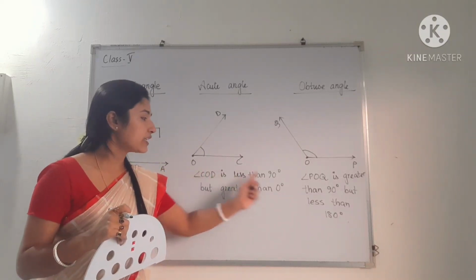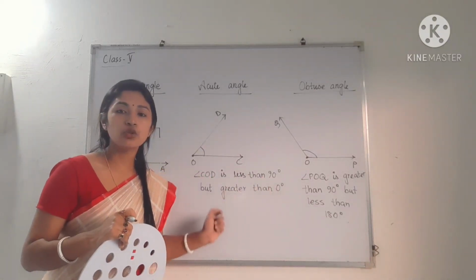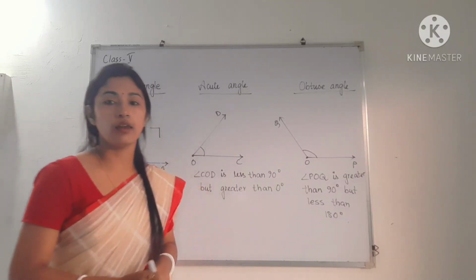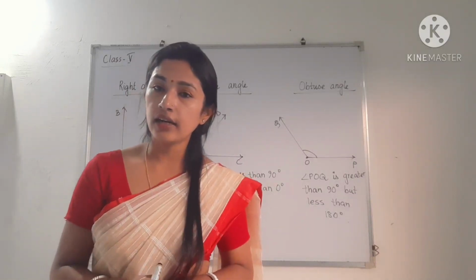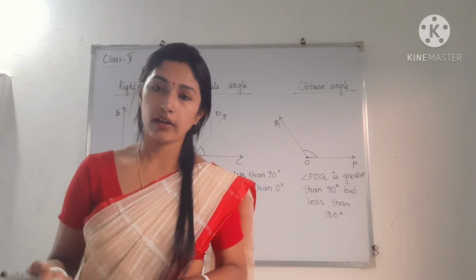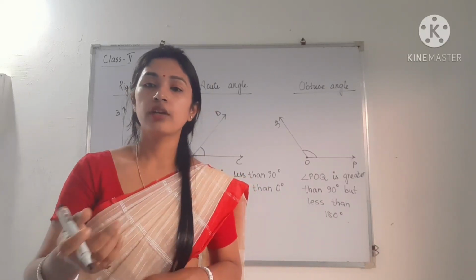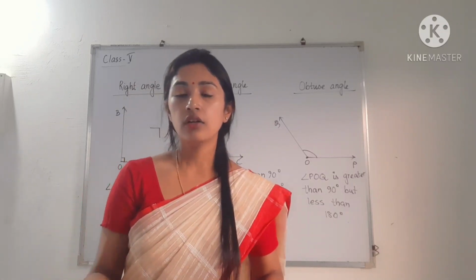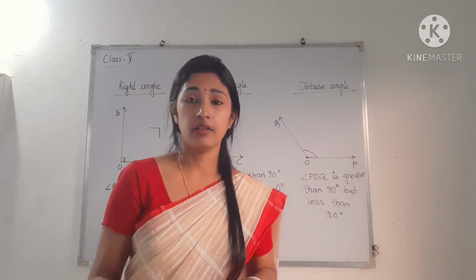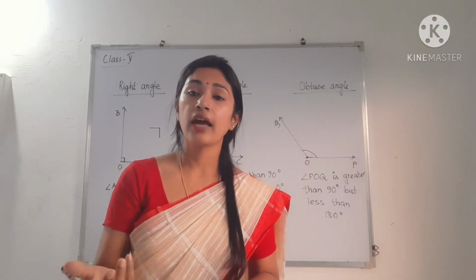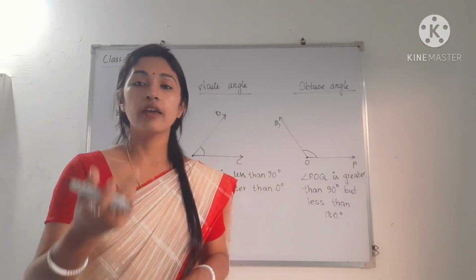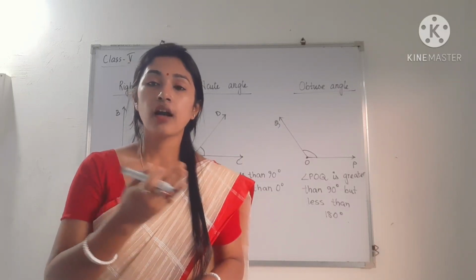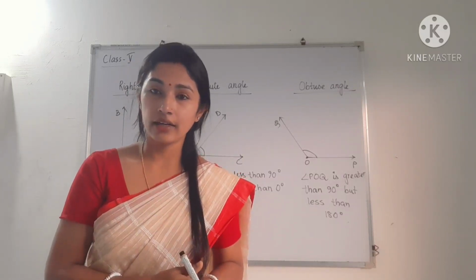Similarly, the measure of acute angle, it is less than right angle. Therefore, it should be less than 90 degree, but it should be more than 0 degree also. That means any angle between 0 degree and 90 degree is called an acute angle. That means in a question, if they ask that an angle measured 36 degree, then what is the name of the angle? 36 degree comes in between 0 and 90 degree.